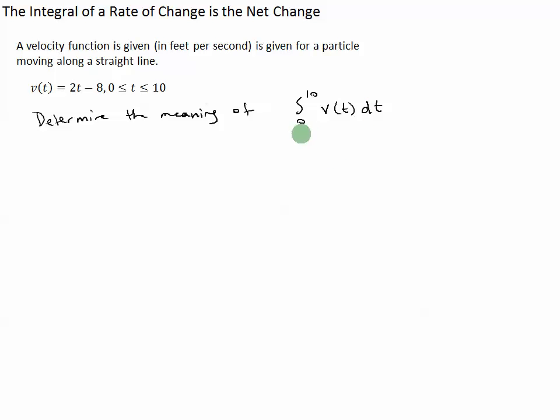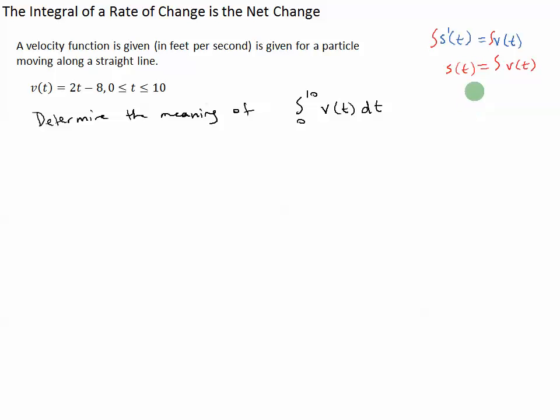And what we pick up on is, remember when we looked at derivatives a while back, if you have a position of a particle moving on a straight line and you take its derivative, that equals its velocity. So now if I integrate those two things, then that says the integral of the velocity, well, the integral undoes the derivative here, equals basically a position.